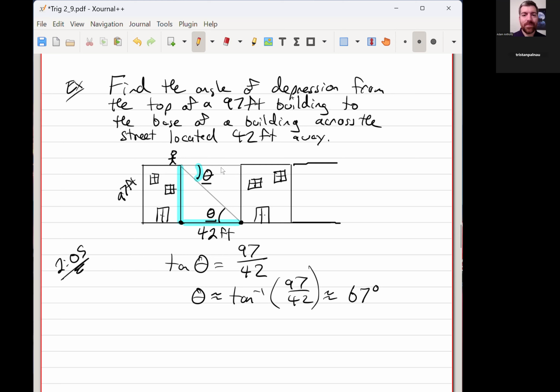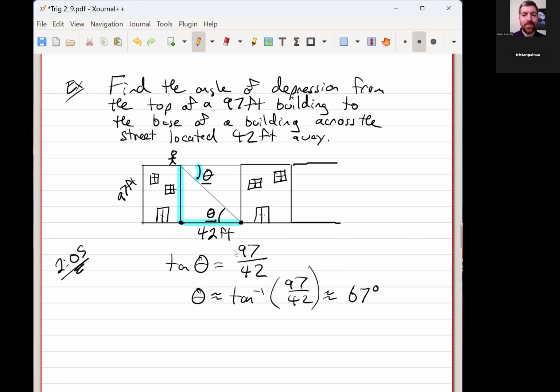So those are the same. Those are congruent. So the theta here exists in this triangle, but it's in the bottom corner. Okay. So we just need to find this angle theta. That gives us our angle of depression.